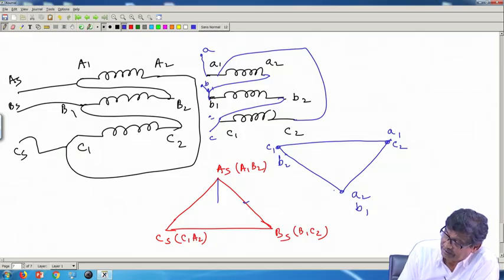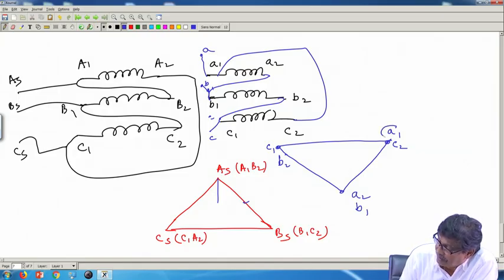So, in this case, people say that this is a DD0 connection of sorts. Why am I telling this? People say I will take the output from A2 B2 C2, and if I take that, it is indeed DD0.